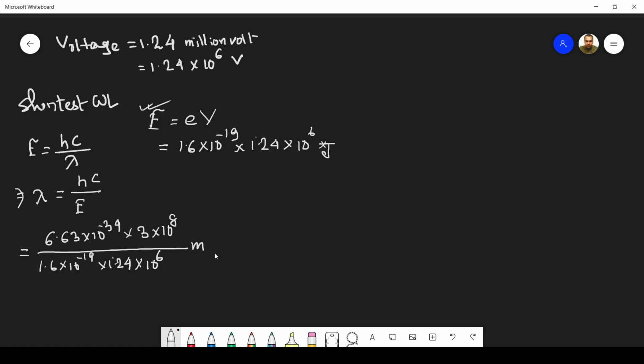The wavelength will be in meters, because we are expressing everything in SI units.